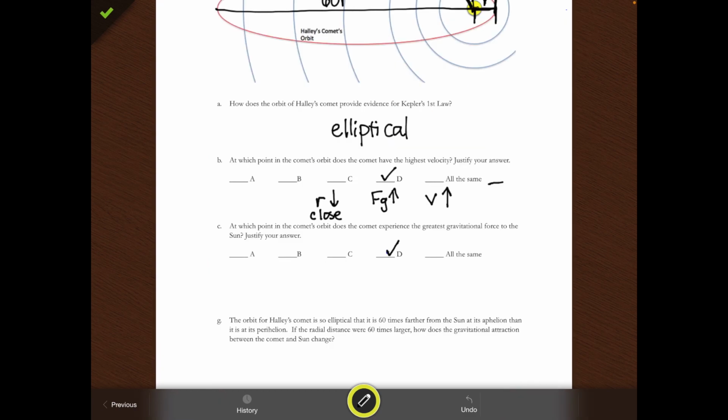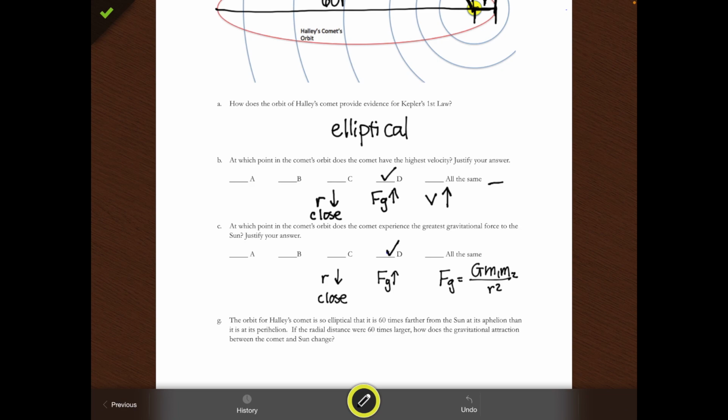C actually asks about that point again. We know that when the radius is small, the gravitational force is big. If you wanted to represent this with equations, you can. The gravitational force between any two objects is inversely proportional to the square of the distance.